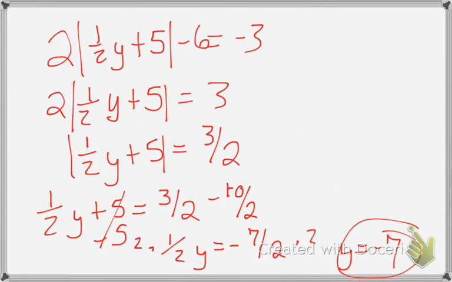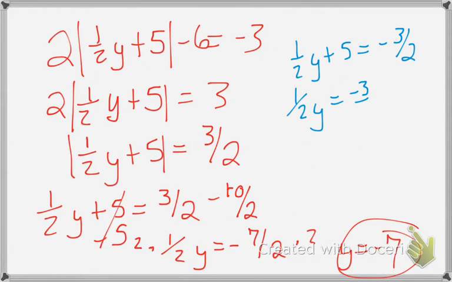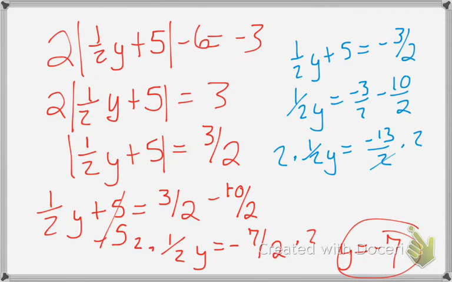So I have 1/2 y plus 5 is equal to negative 3/2 this time. So when I subtract, I've got 1/2 y is equal to negative 3 over 2 minus 10 over 2, which in this case would give us 1/2 y is equal to negative 13 over 2. I multiply both sides by 2. I'm left with y is equal to negative 13.